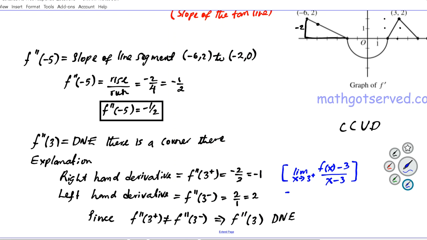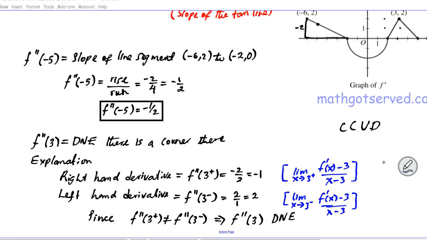And for the left-hand derivative, you could have also written limit as x approaches 3 from the left of f of x minus 3 over x minus 3. I just prefer using this notation because it's nicer. Actually, we're looking at f prime right here because we're looking for the slope of the derivative function. So this is basically why a function is not differentiable at corners.